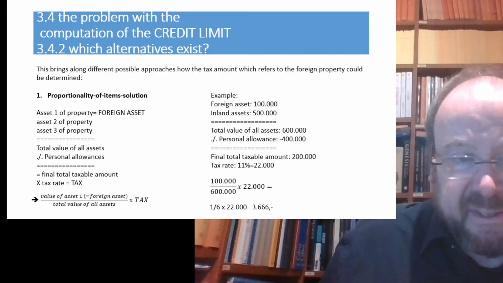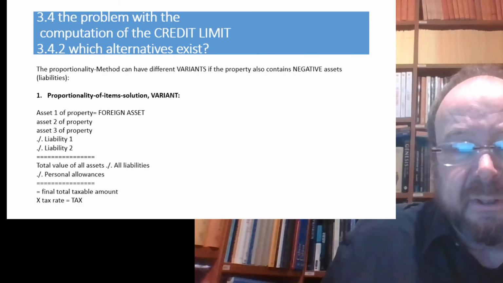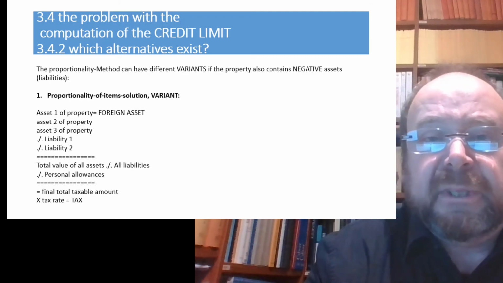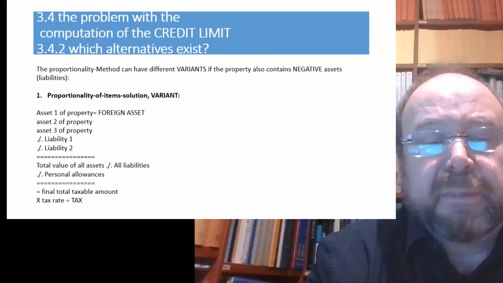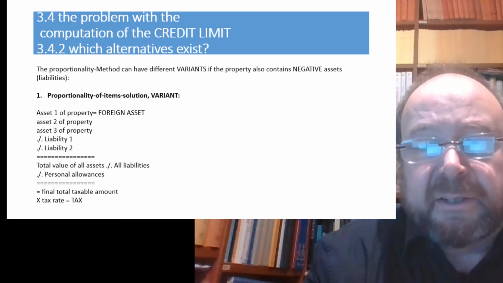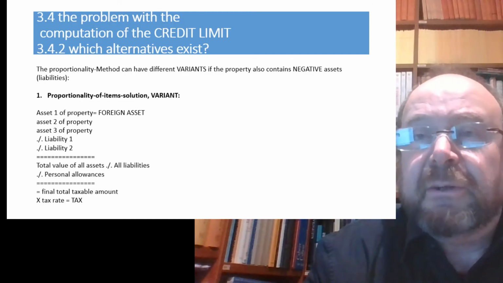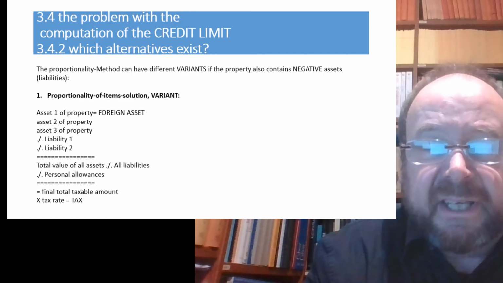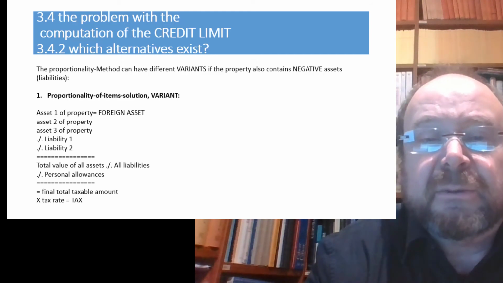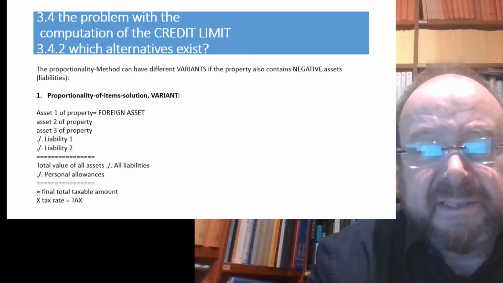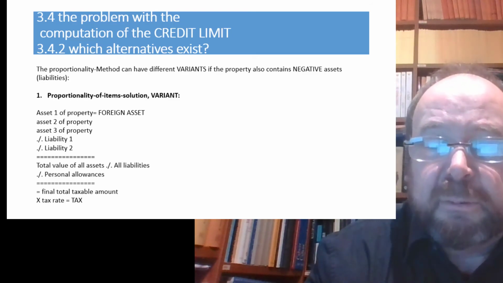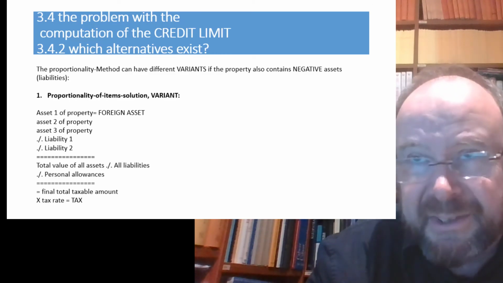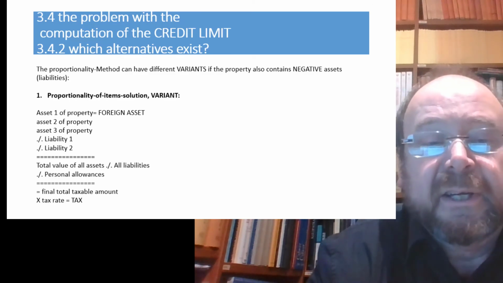There might be variants of that solution, of that logic, because if you have not only positive assets but also liabilities, then the question is naturally, if I look to the proportion of the foreign asset, do I only measure the asset in relation to the total of all the positive assets, or do I compare the value of the foreign asset to the total of all positive and negative assets?